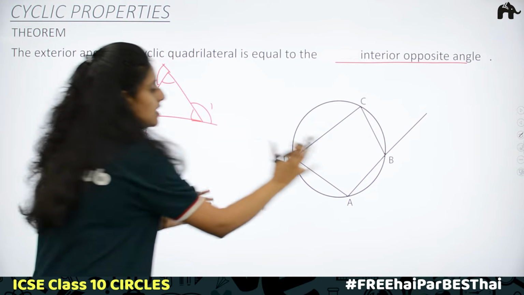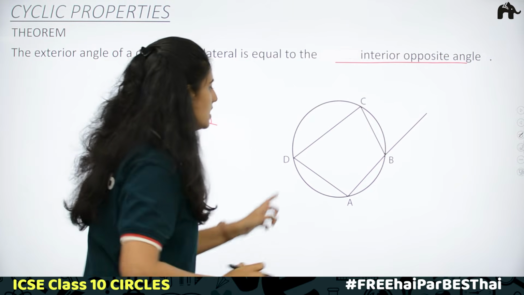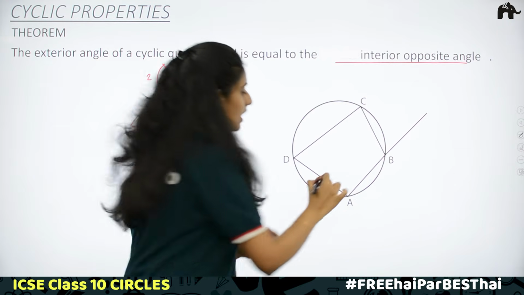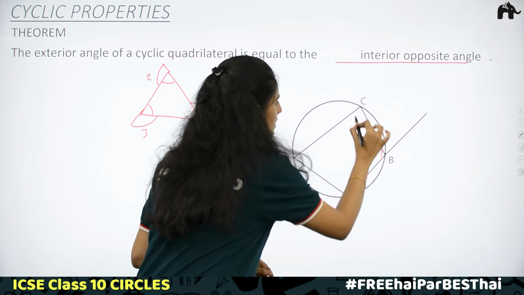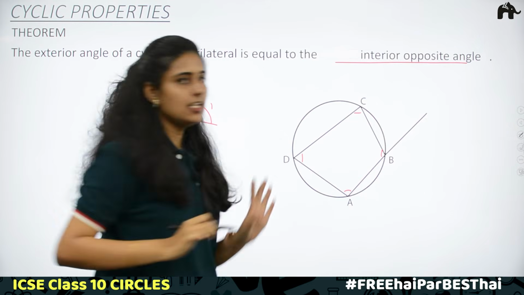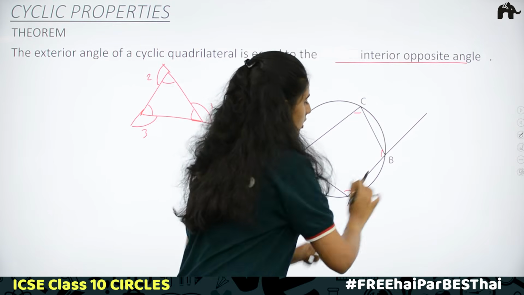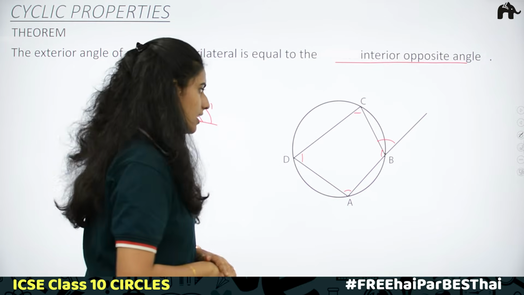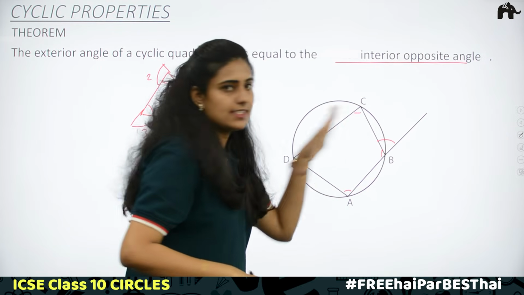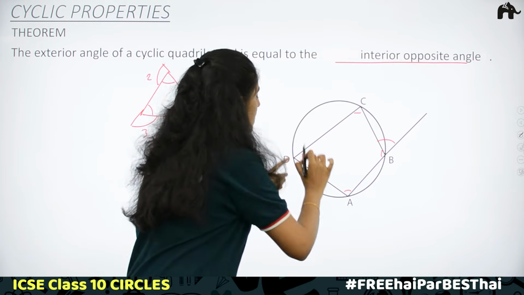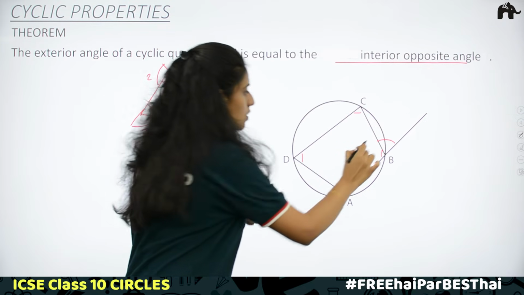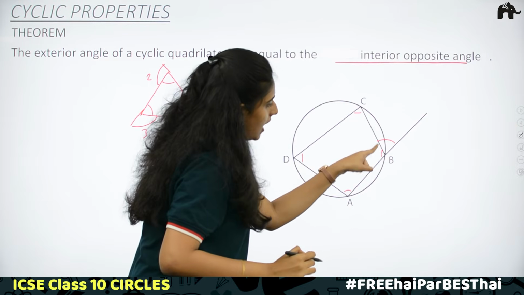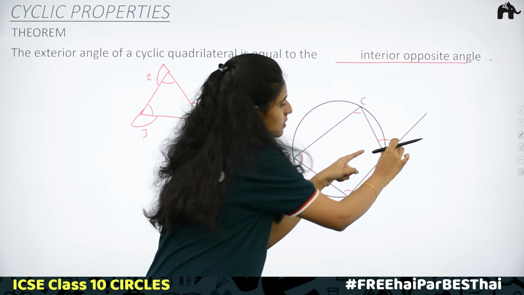Okay. Now, this is a quadrilateral. Same is the case. So here A, B, C, D. We have this and this are interior angles. And here, when you extend this line, this angle will be an exterior angle. There is a relation between the exterior angle and the interior opposite angle.